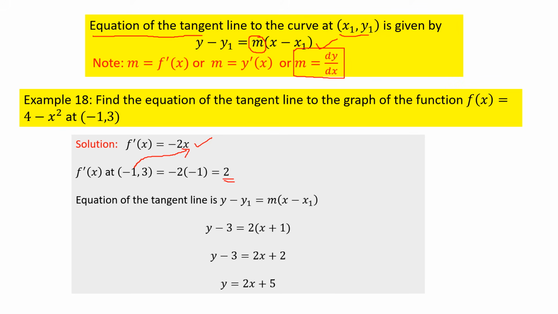That will give you 2. Then write the formula. Then replace y1 equal to 3, m equal to 2, x1 equal to minus 1. We will get this one. Then by simplifying this, I will get y minus 3 equal to 2x plus 2. Finally, we end up with y equal to 2x plus 5.